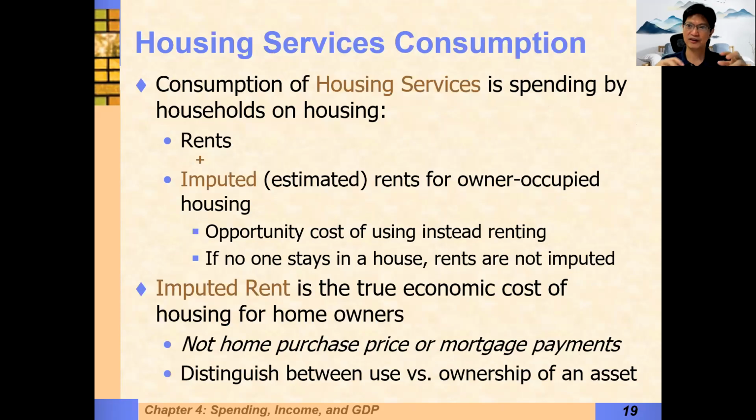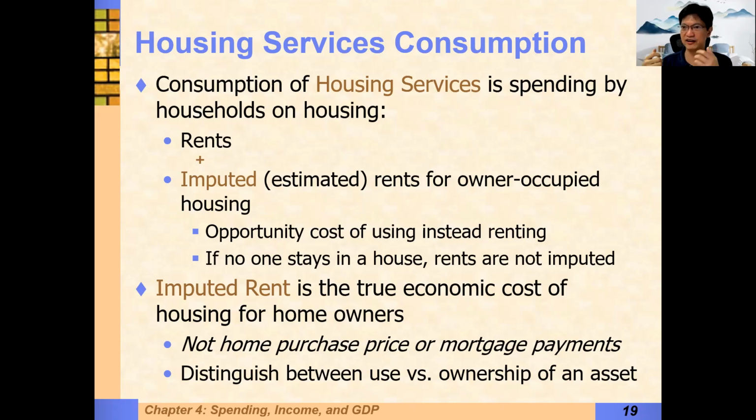Now, consumption of housing services is rent that is paid by the renter to their landlord, but we don't want to lose out the housing services that are being consumed by people who live in their own apartment, or owner-occupied housing. So for them, we calculate how much rent they would get if they were to rent out their apartment.